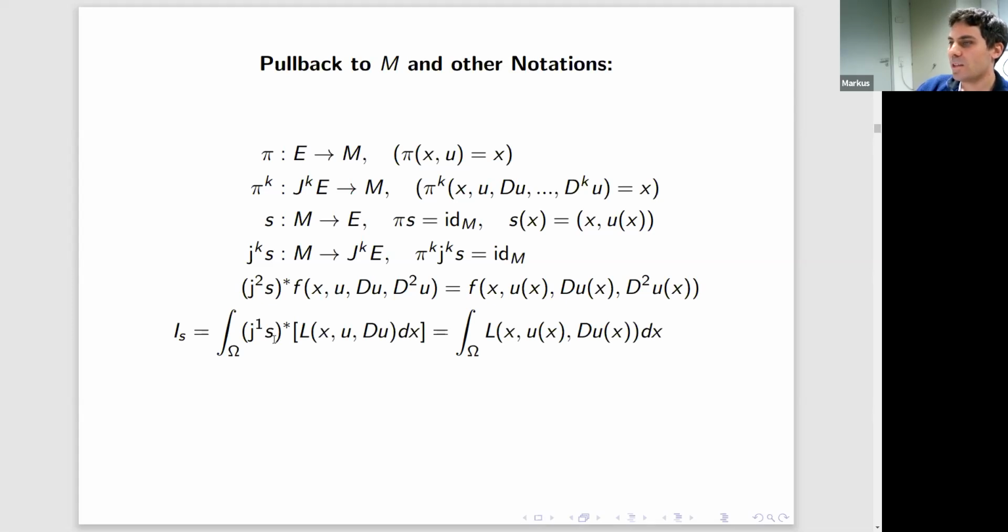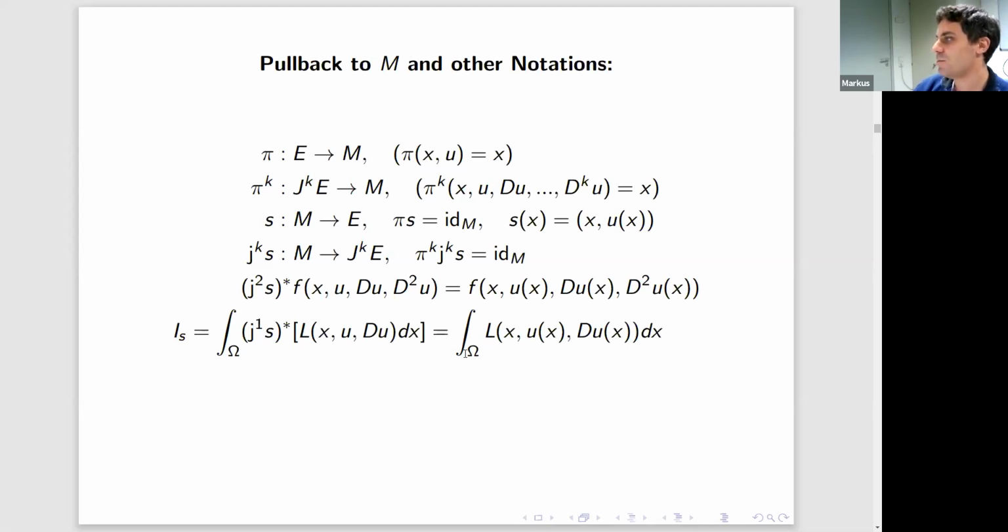And of course, when we have such an integral functional or Lagrangian, then this will be some differential form, and then we can pull it back here, in this case with a first order jet. And then we have a function depending on x, and then we can integrate it.